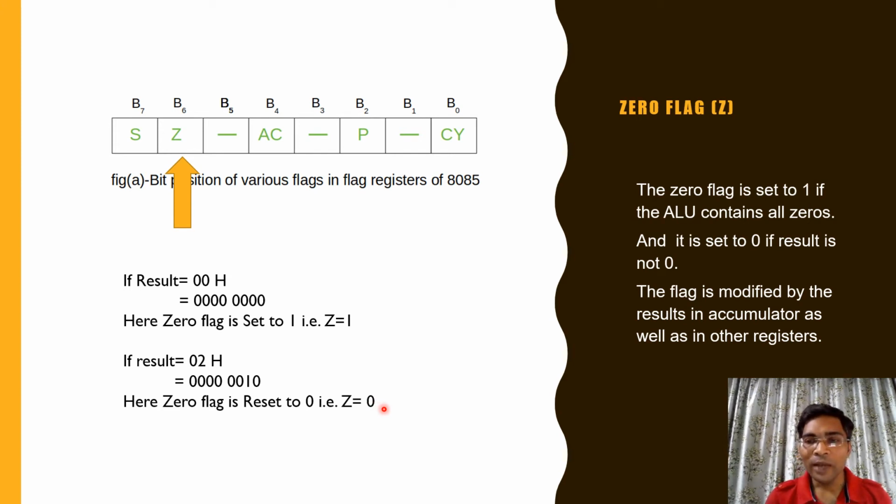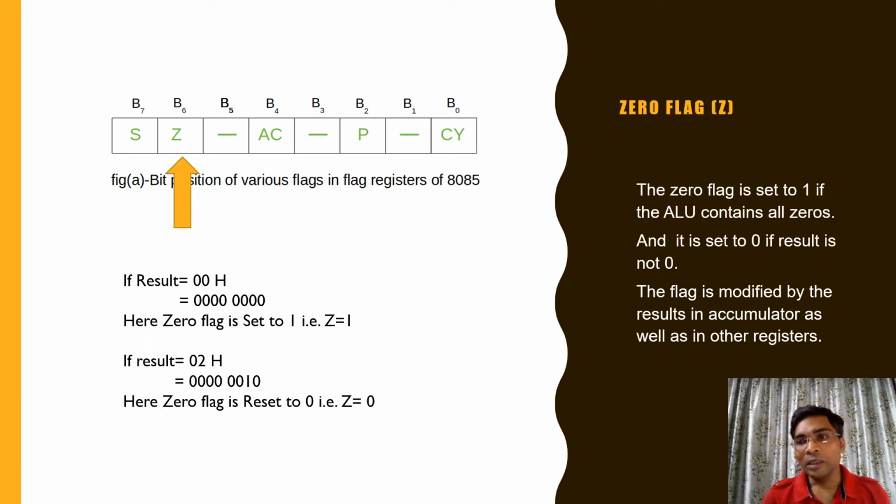This flag is modified by the result in the accumulator as well as in other registers. So again I am repeating, the zero flag is set to 1 whenever the result contains all zeros, and the zero flag is reset to 0 whenever the result contains a non-zero value.